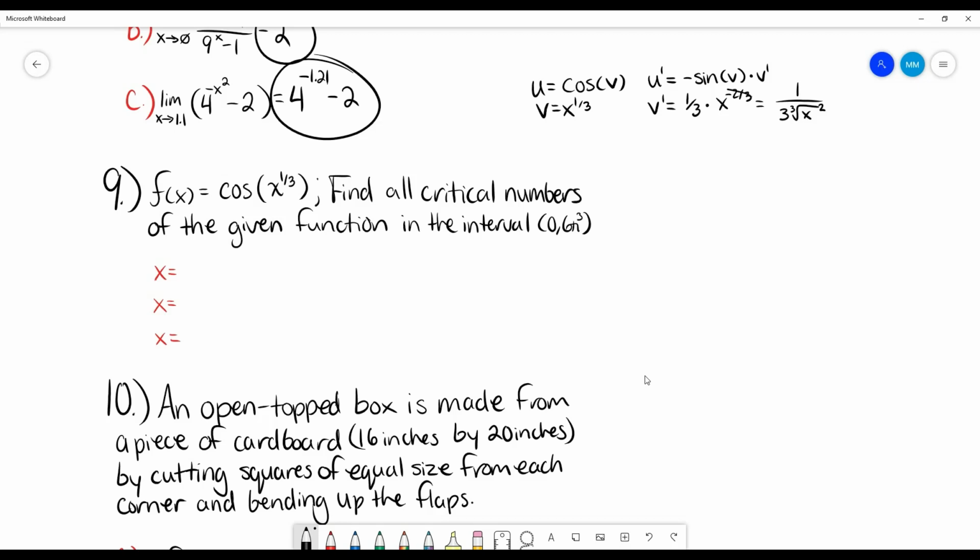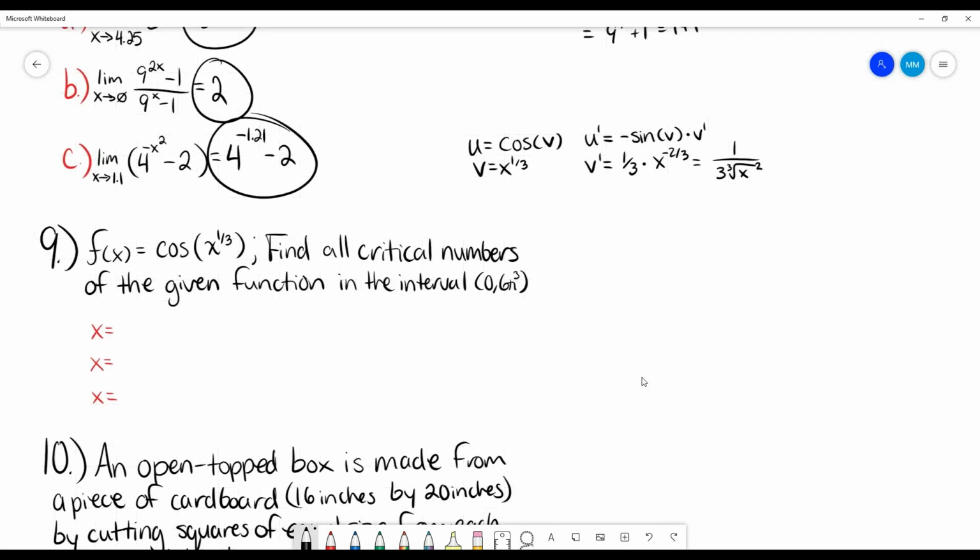Does not matter, really. You could leave it like this, or you could rewrite it like that. I will note that rewriting often gives you extra room for error, but this is just personally easier for me to read, so I will keep it that way. So we just found that our derivative equals negative sine of x to the 1/3 times that there. Okay. And I want to know when this equals 0.